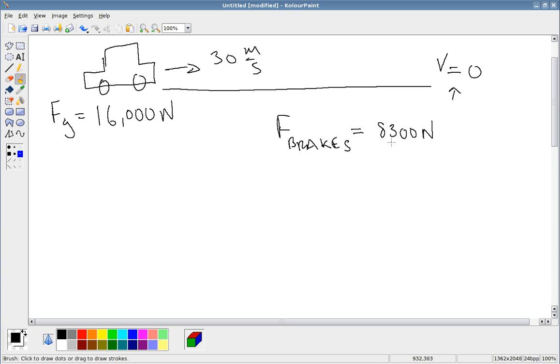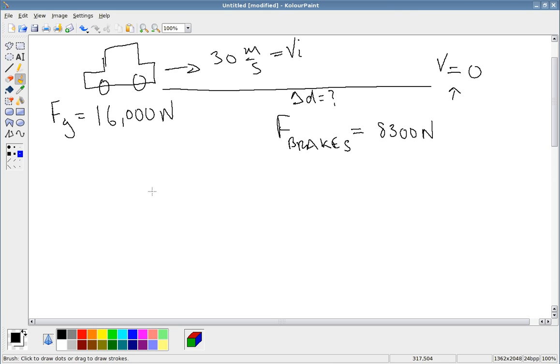That's the braking force. The question is, how far will the truck slide before it comes to a stop? So we'd like to find out this delta D. Okay? So that's the initial velocity. That's the weight.